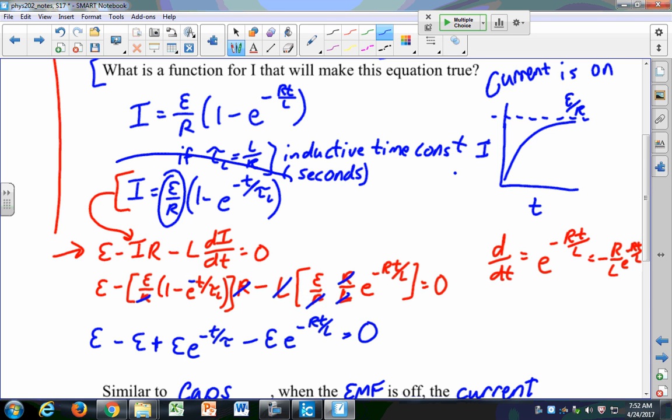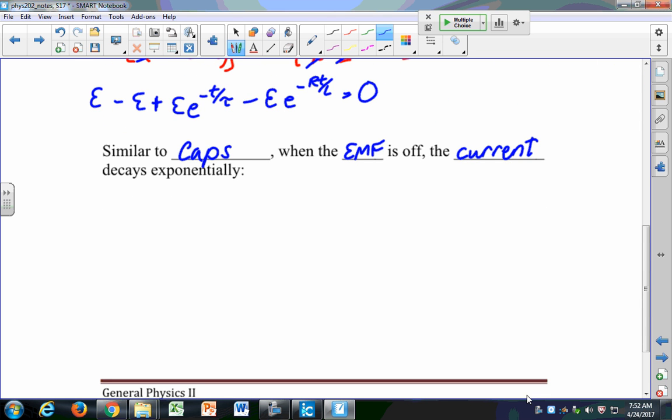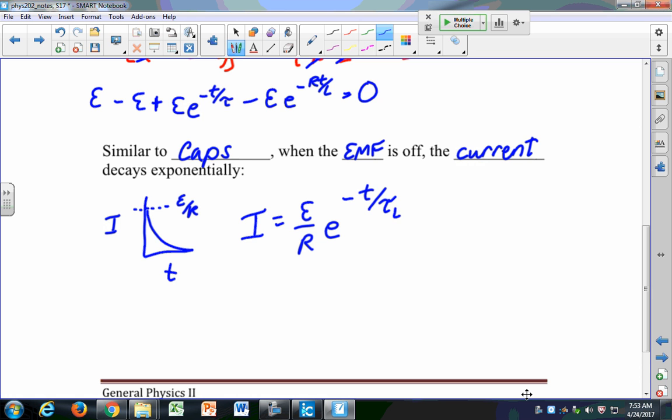In fact, this looks the same, and the graph looks the same as well. And so when I have it off, my function I of t looks like that. It's an exponential decay function. The maximum current here is E over R, and my current then will be E over R times e to the minus t over tau.